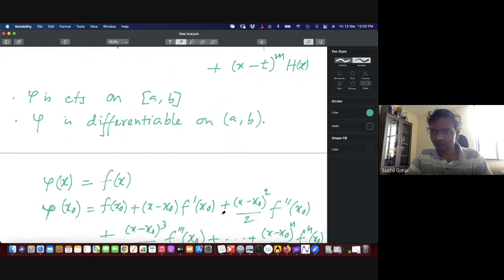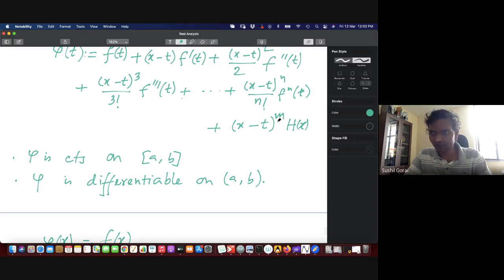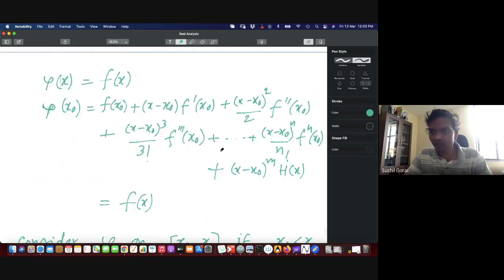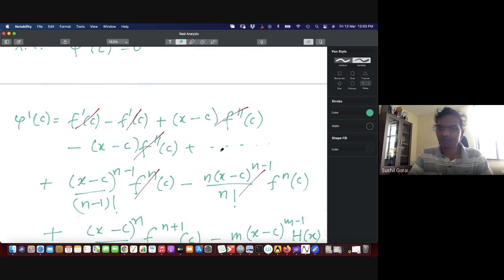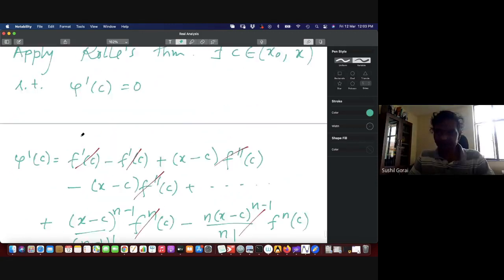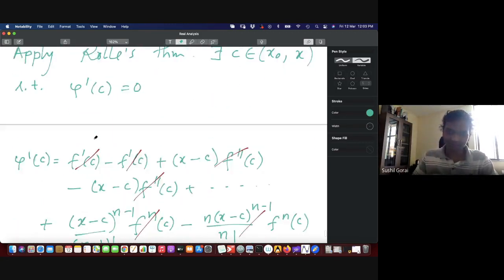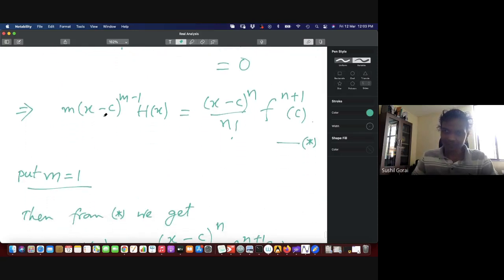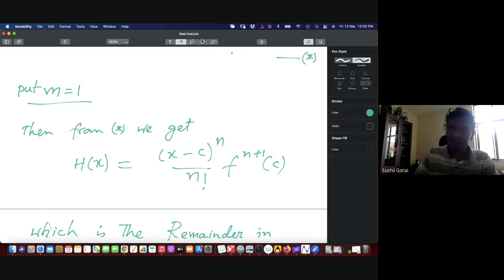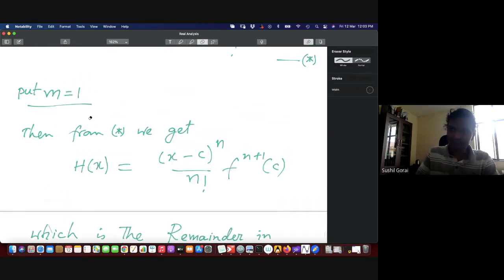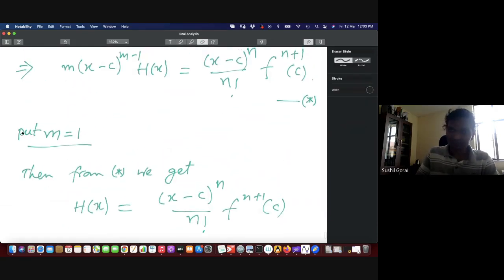So (x minus x naught) power m will be there. The problem is here we are getting c, right? Yeah, you're right. This is a good point. So this is fine. So put m equal to 1. We might not get Lagrange's form here. So let me do this part again.